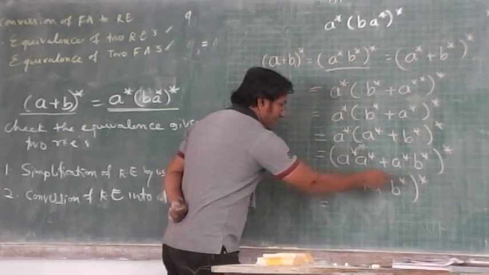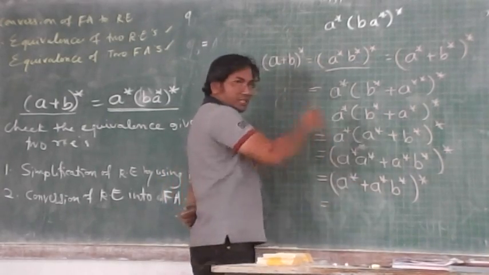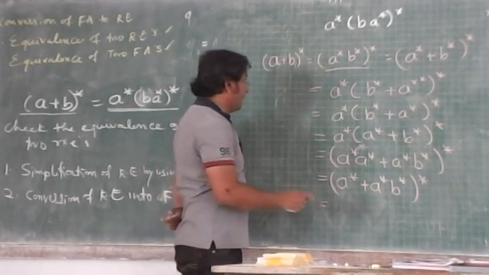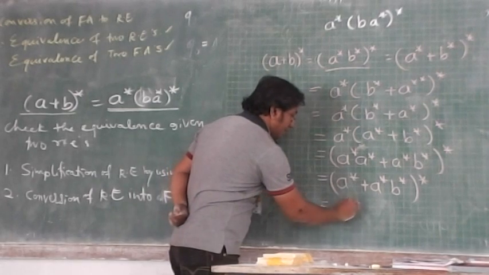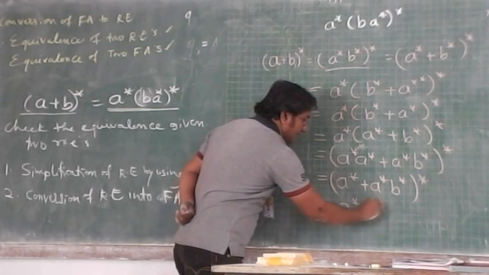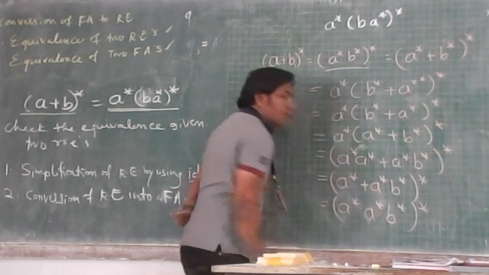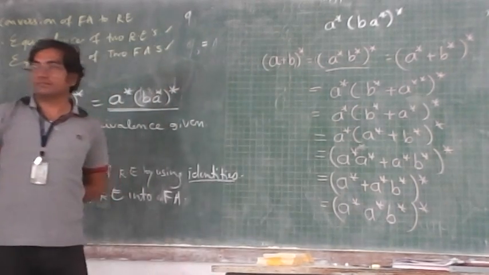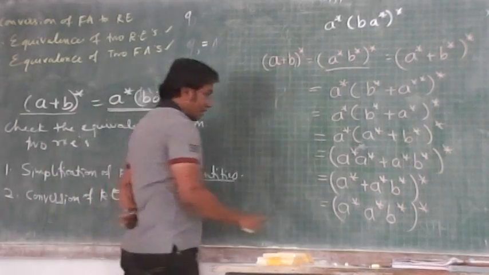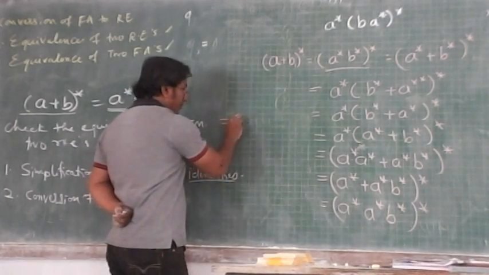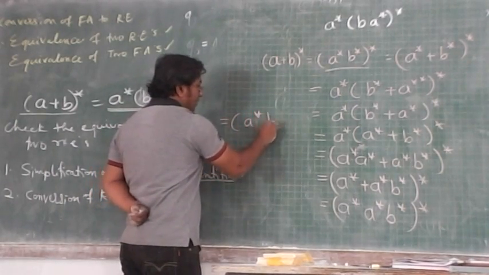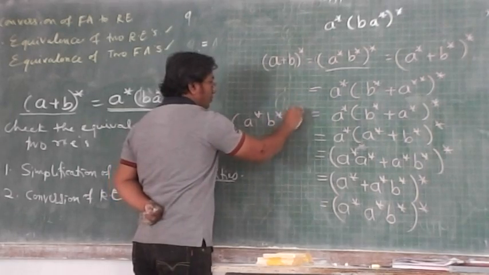And if I apply this theorem, this particular identity, then what can I get? I can get (A star B star) whole star. And this is again equivalent to (A star B star) whole star.